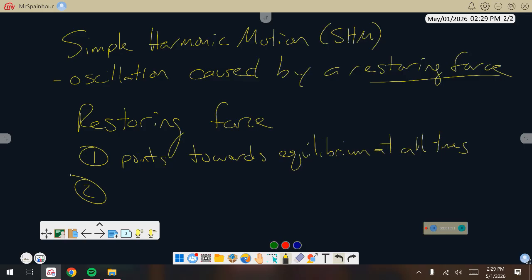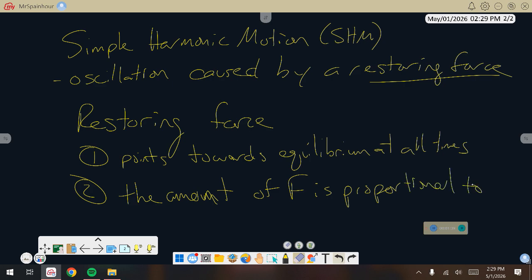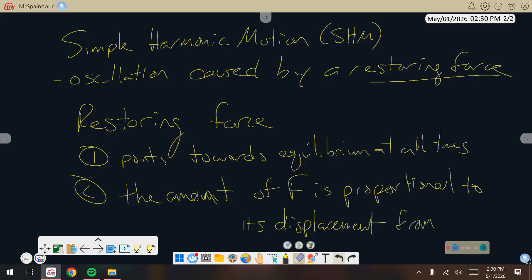And number two, the amount of force is proportional to its displacement from equilibrium.